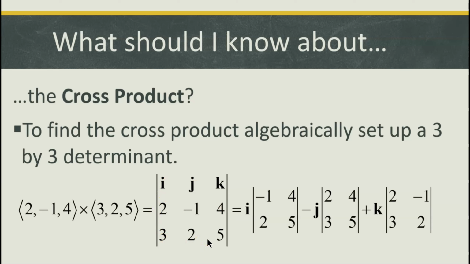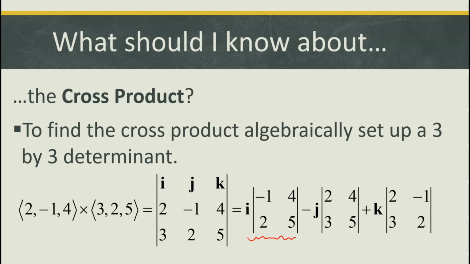The way we expand it is we start with the first column, the vector i. We eliminate the row and column in which i occurs, and we do the subdeterminant. So we do the determinant of -1, 4, 2, 5. And that's what we see here.